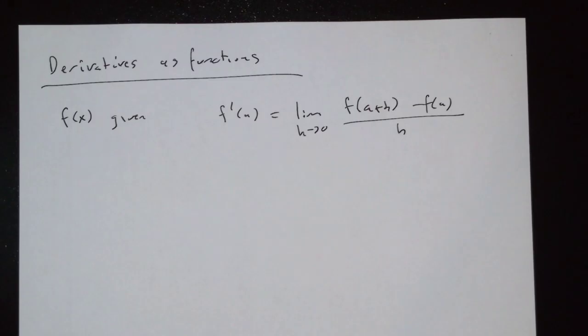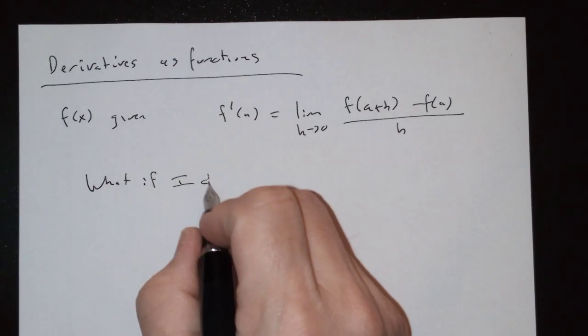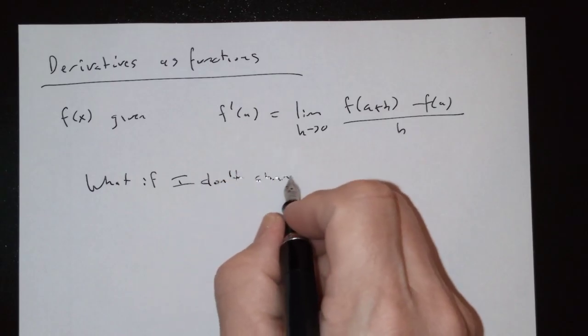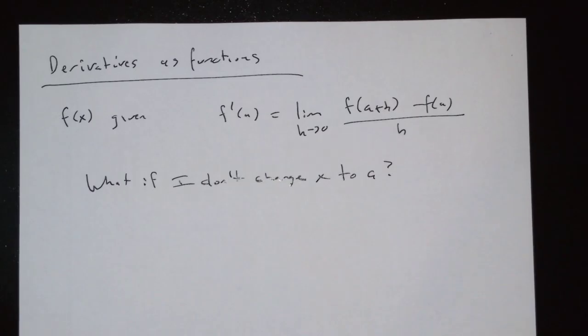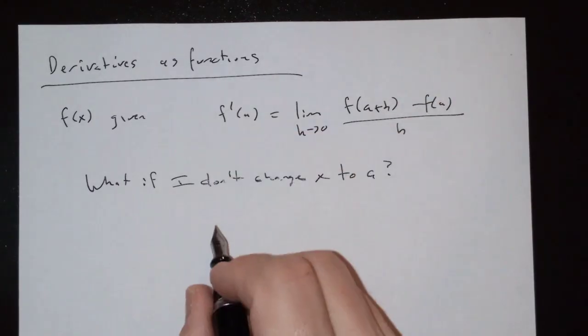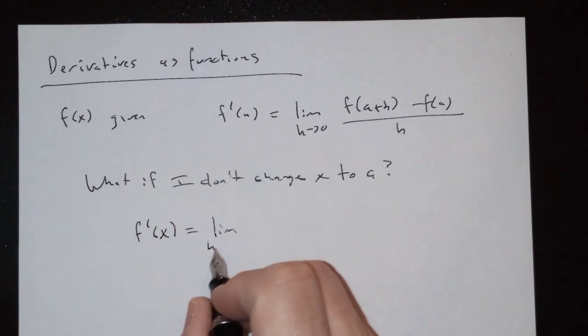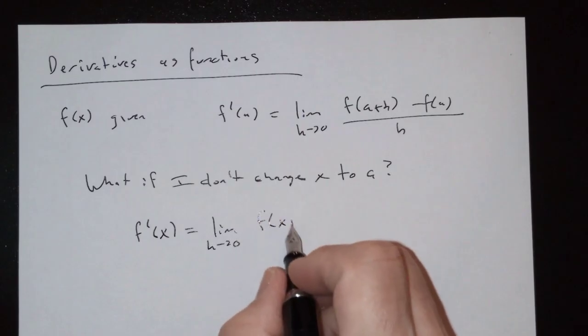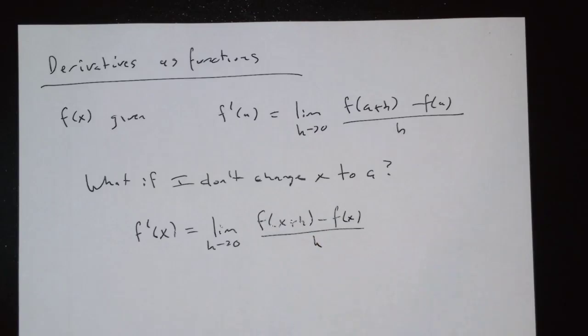But a here is a particular x value. If I leave this in x, then I would write this exact same definition all in x.